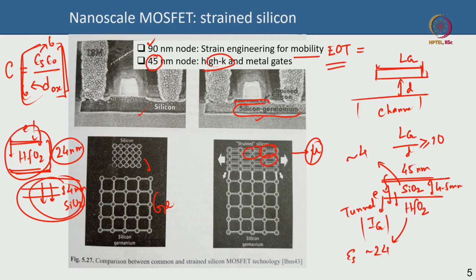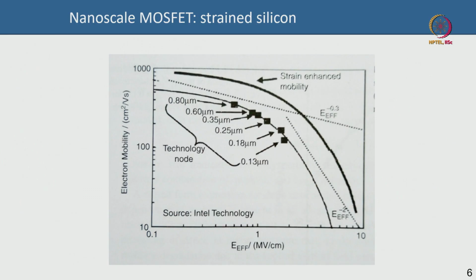It is 4 nanometer. So, equivalent oxide thickness is 4 nanometer for a 24 nanometer hafnium oxide, right. And for that, people have used high K dielectric, alright. So, that was the high K gate dielectric.